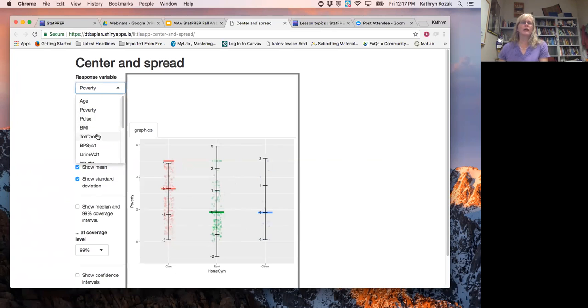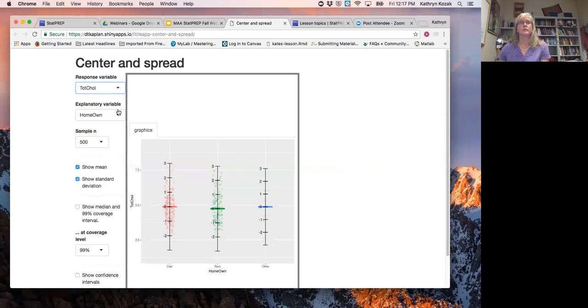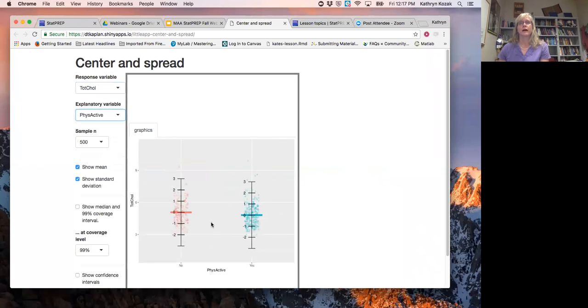And again, I would at this point open up to my students and say, what would you be interested in? Are you interested in cholesterol? And maybe looking at cholesterol and physical activity. And you can see that people who are not physically active have a slightly higher mean than people who are. The spreads look to be about the same, because this spread for standard deviation is this black line here, and this black line here is the spread for standard deviation for the yes group.